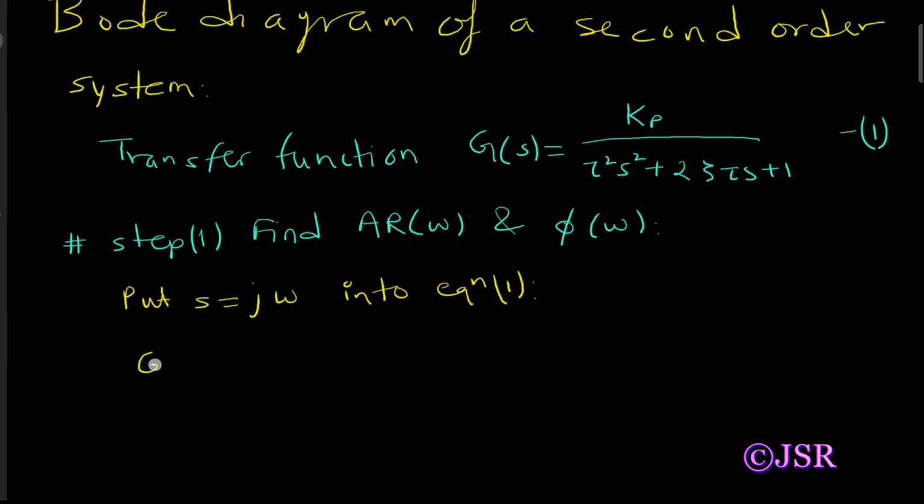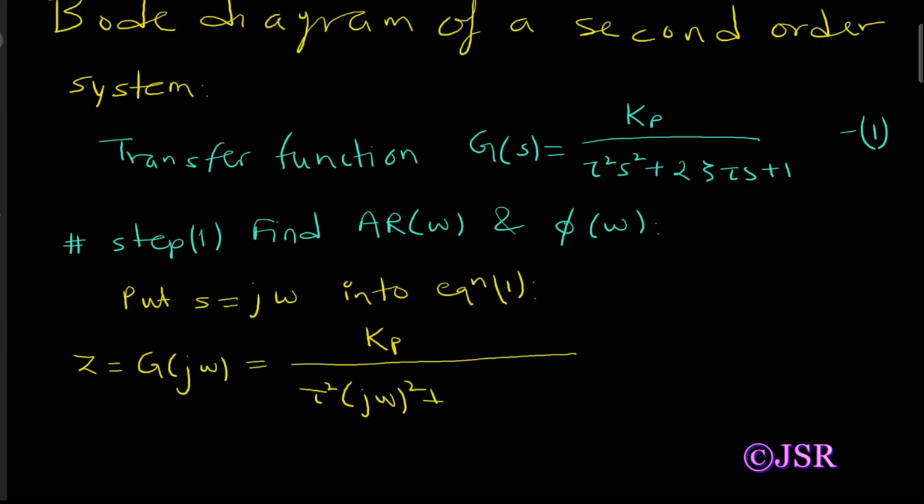So we will get G of j omega, and that is equal to a complex number Z, and this will be equal to Kp upon tau square j omega square plus 2 zeta tau j omega plus 1.